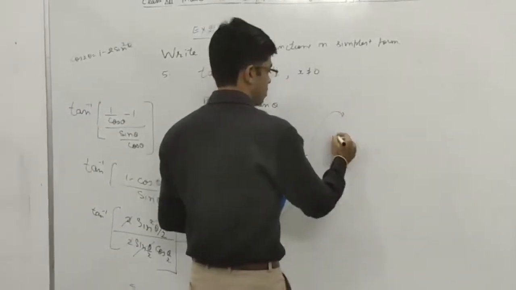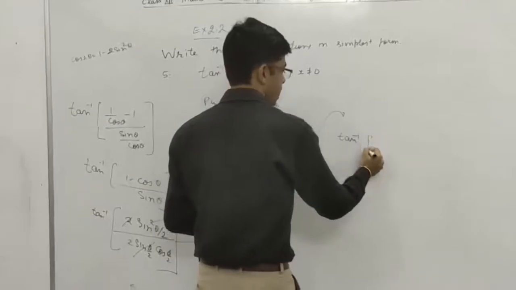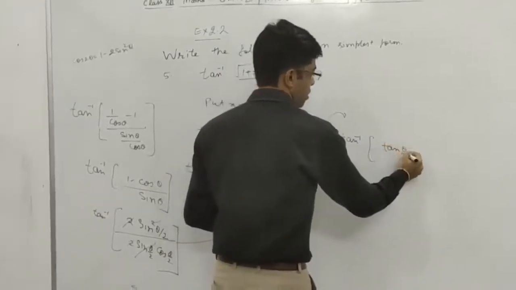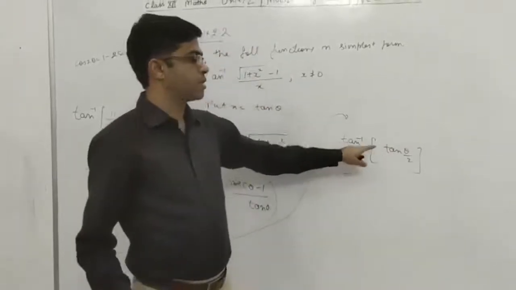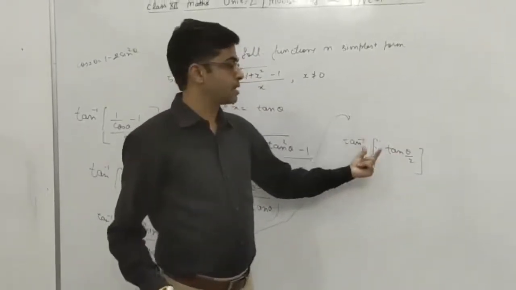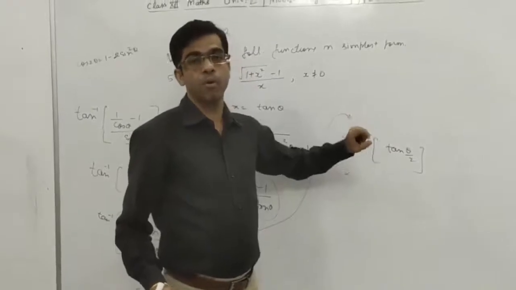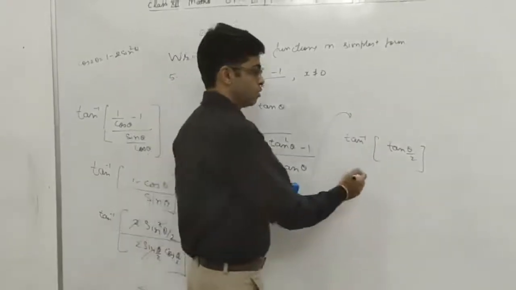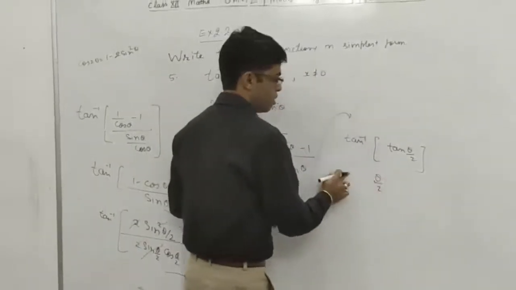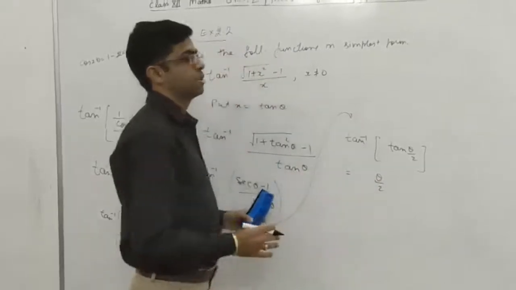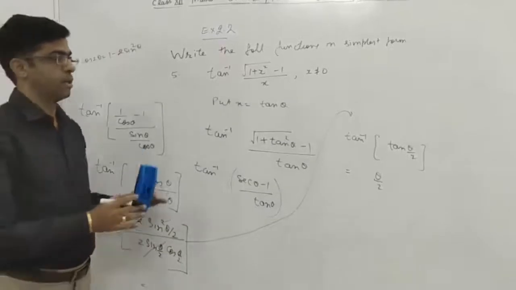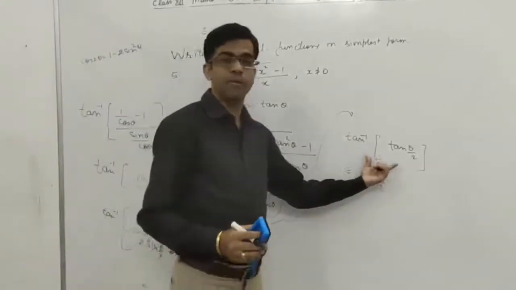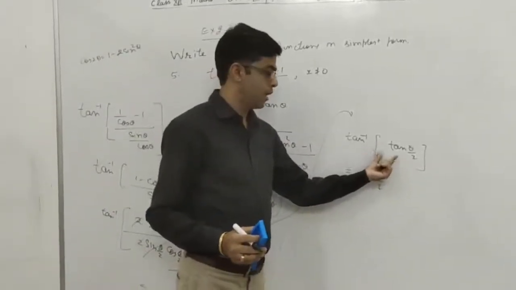So now we have tan inverse of tan theta upon 2. And tan inverse tan x is x when x lies in the open interval minus pi by 2 to pi by 2. So this is theta by 2. By default, all the questions in your CBSE board pattern come within their principal value range.